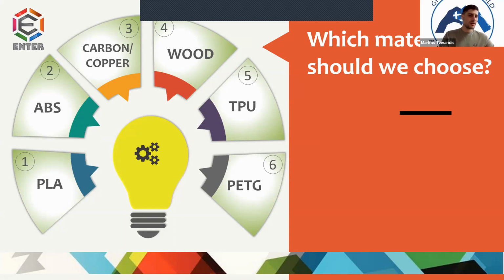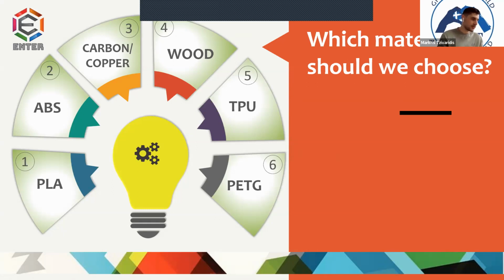With wood, the same stands, and also wood is not very pleasant to touch unless you process it, like carbon. And TPU, yes and no, depending on the use of the final object. So if you actually want your model to be flexible, this is your only choice. But if you don't, then this is not even a choice for you.